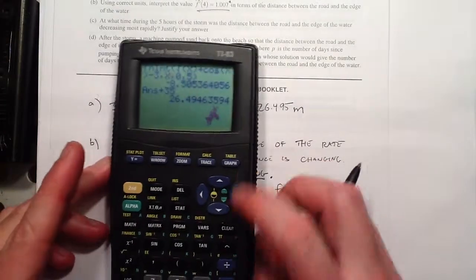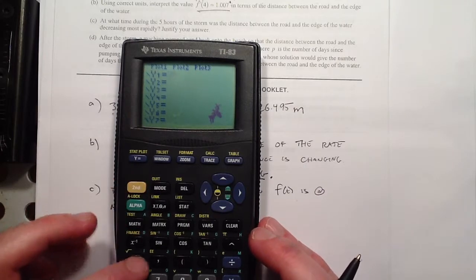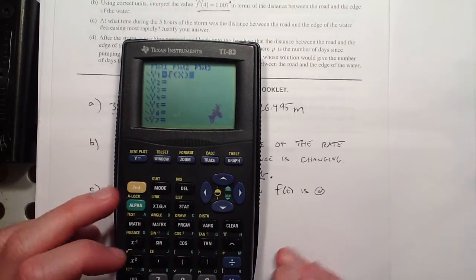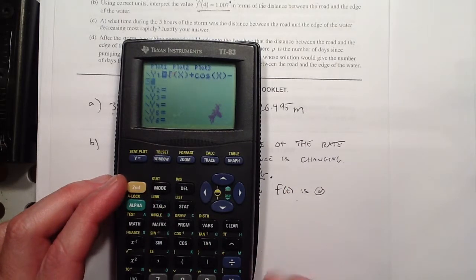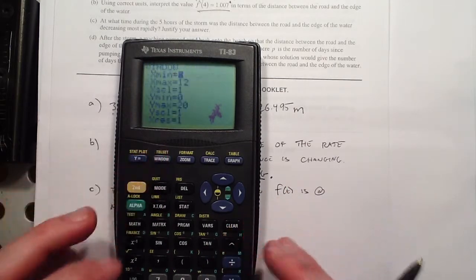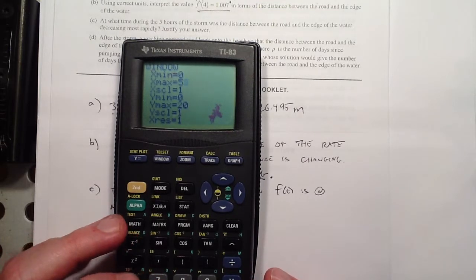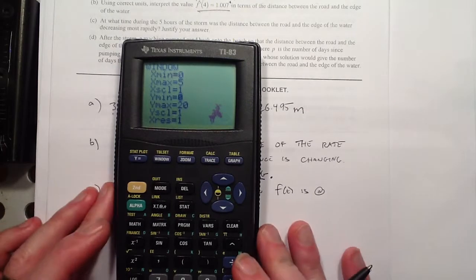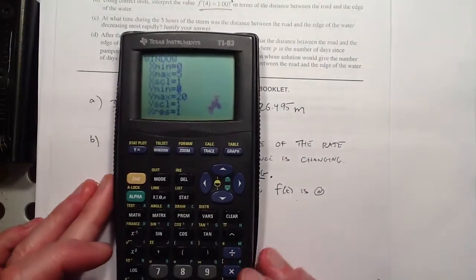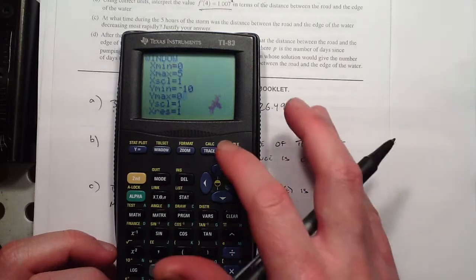So let's graph it and see. And we're talking about from time 0 to 5. And these rates are negative, so I think we want a negative, let's try negative 10 to 0 and see what that looks like.